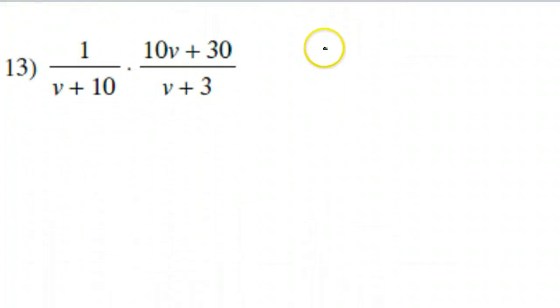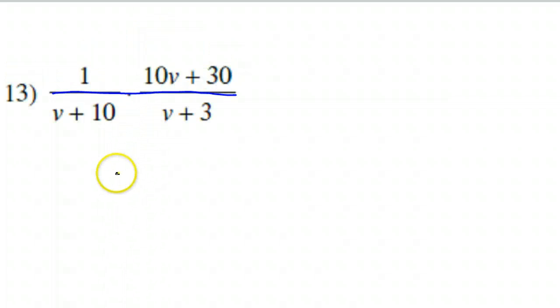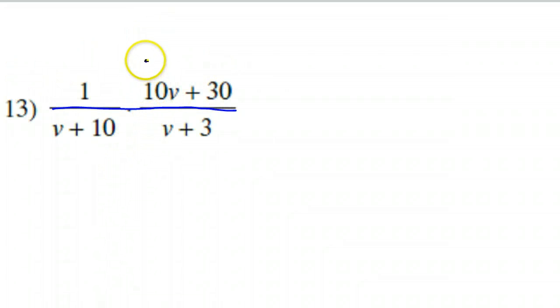Okay, how about number 13? Now I see a GCF right here, so let's deal with that. When you have a GCF, you should go ahead and factor that out. So with a GCF of 10, that would leave behind v plus 3.